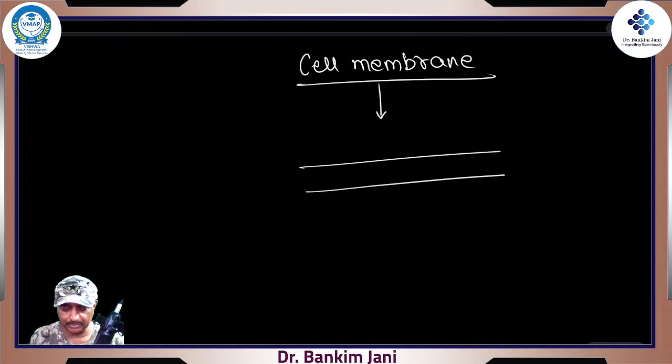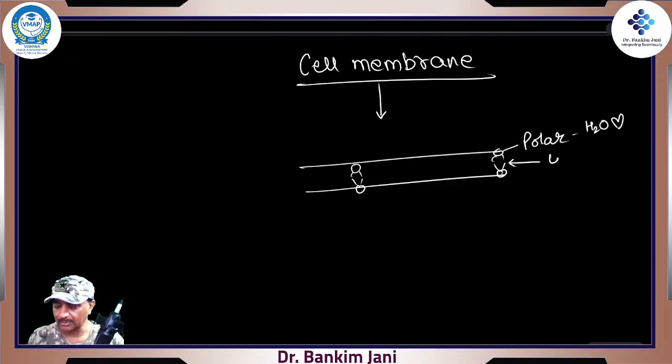And now you know it very well that this is how we really draw it. This upper portion is polar and water loving, and in between is what is called lipid loving, correct? So that's how things are going.